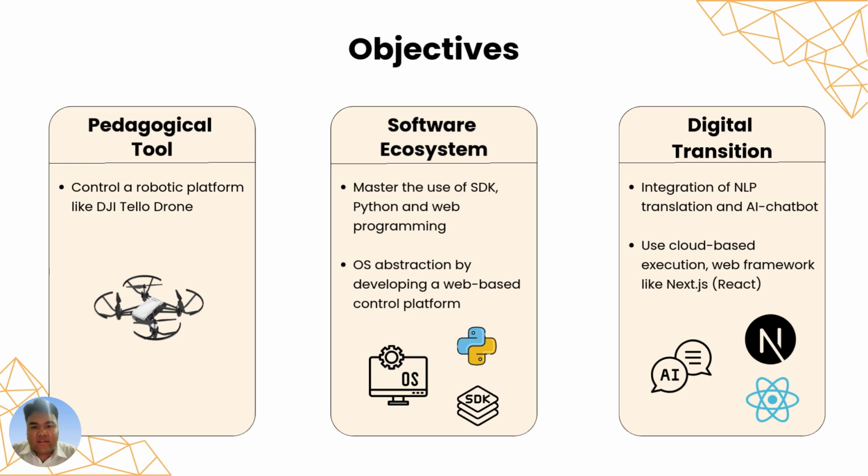For the digital transition, I can integrate NLP or AI, like an AI chatbot with an LLM, and use the cloud for seamless remote control of the robotics from far away, or execute web frameworks like Next.js and React.